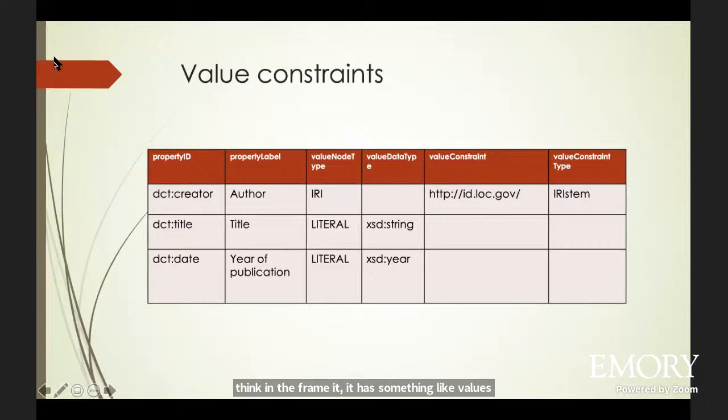And then the constraint is the beginning part, the main part that this IRI will be taken from. And I know that this is shorter than the actual id.loc.gov one, but I wanted to fit this into the table without it getting too big.